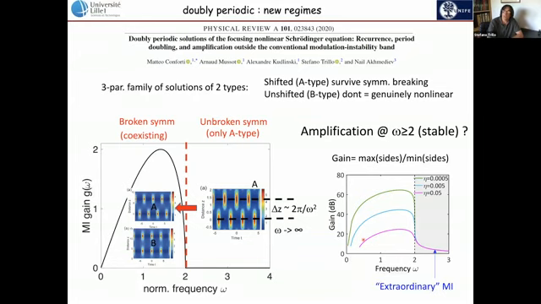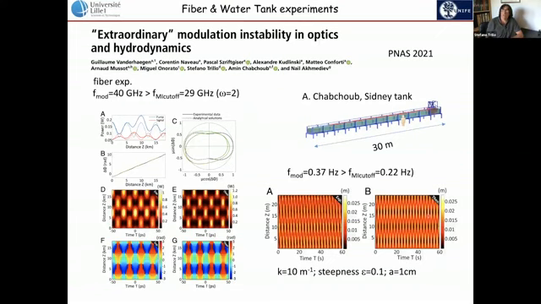And Nail was pushing to call this extraordinary MI because it's not the conventional one. Very recently, we made, both in Lille, an optics experiment and in the Sydney tank, a water wave experiment to confirm this amplification.